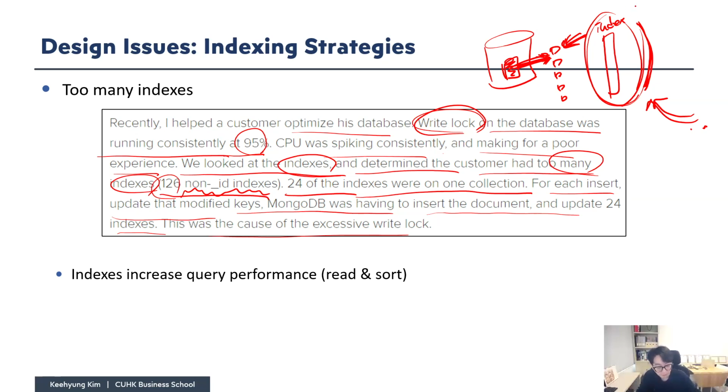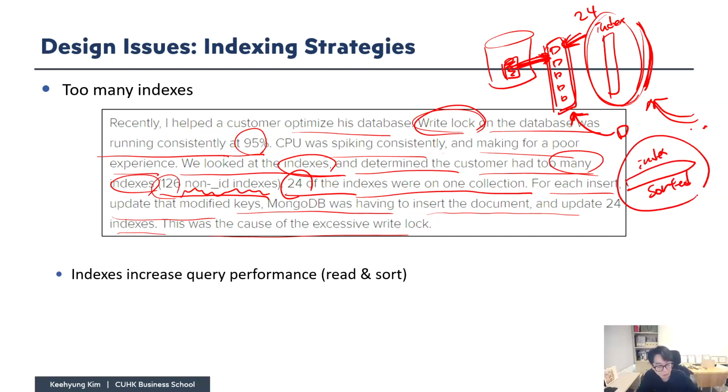So what's happening here is this. This person has 24 indexes in one collection. So when a new document is inserted, or when an existing document is updated, MongoDB has to make sure the index is correct. So think about it. You already have an index, but the index by definition should be sorted. It's sorted information.